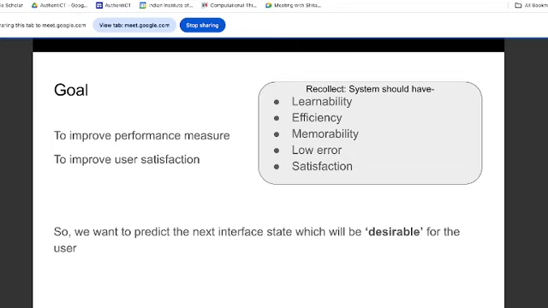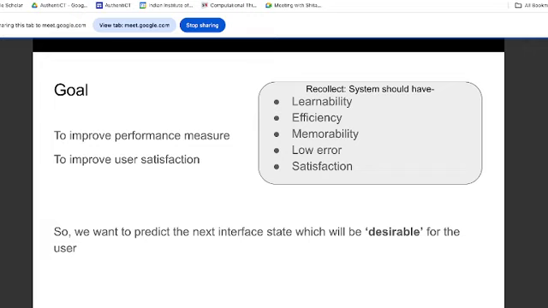To achieve these goals, we have the performance measure, and by improving this performance measure, we improve the user satisfaction. To do that, we need to create the next desirable step or state for the user.